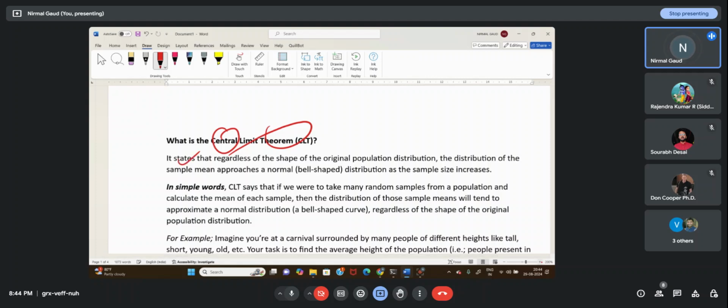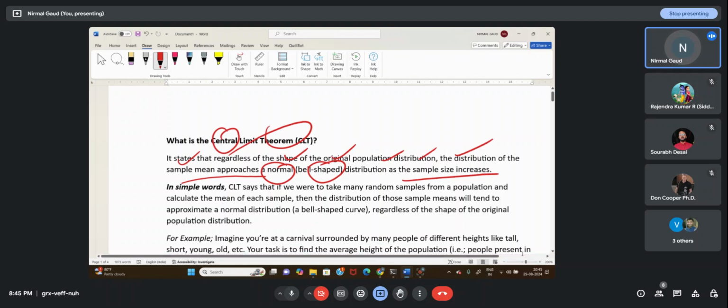It states that the shape of the original population distribution, that is the distribution of the sample mean, approaches normal or bell shape as the sample size increases. So that's what I already told you. When the student t approaches normal, that is the central limit theorem. And this is because the sample size increases.